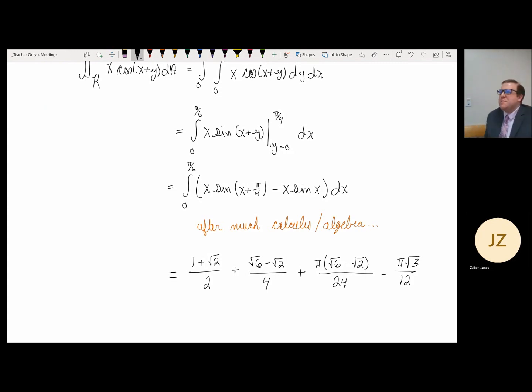Obviously, you're going to have to do 2 integration by parts. Then you're going to have to do the sum to product formula for sine. Lots of fun. And I'll save you that headache.